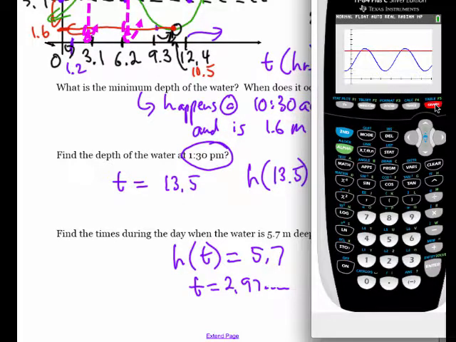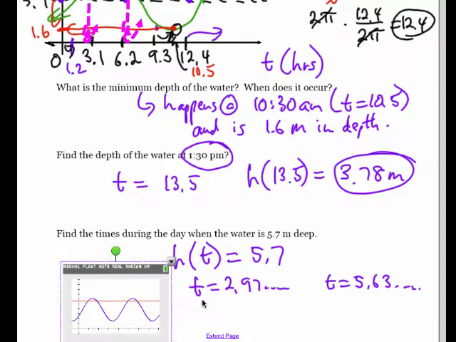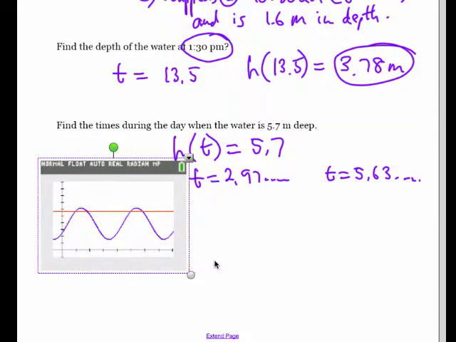And indeed we can see that there are 4 times during the day when the depth of the water is going to reach 5.7 meters. So let's just take this down here and finish this question off. As we've talked about before, the main two solutions we need to get from the calculator in particular are the first two, because we know that the answers after that are related by one period.